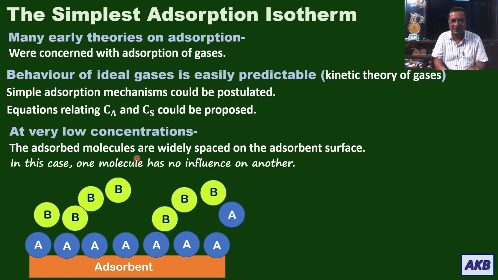So are you understanding it? This can happen at very low concentrations. At very low concentrations, the adsorbed molecules are widely spaced on the adsorbent surface, and therefore one molecule has no influence on another molecule. That is, the adsorbed molecules will not interact among themselves. This is the simplest mechanism.